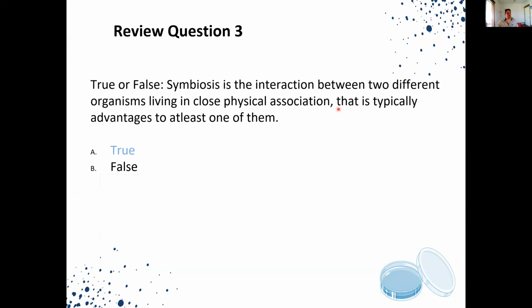This portion of the sentence that reads, that is typically to the advantage of at least one of them, that's not true. Symbiosis is typically advantageous to both organisms. So don't let little things like that catch you out. It's really important that you pay attention to detail. As a science course and as science students, many of you going into the medical field, paying attention to little details like that is really, really important.